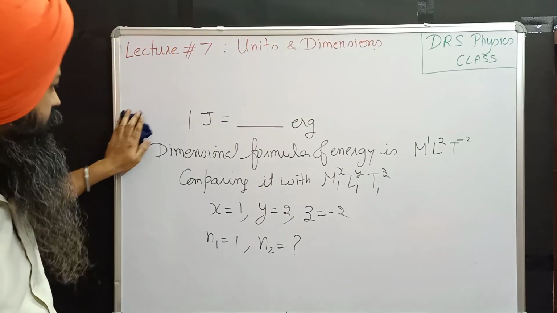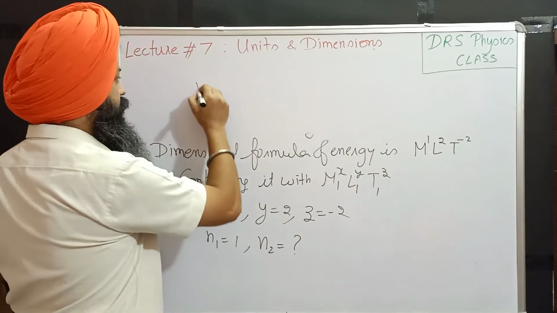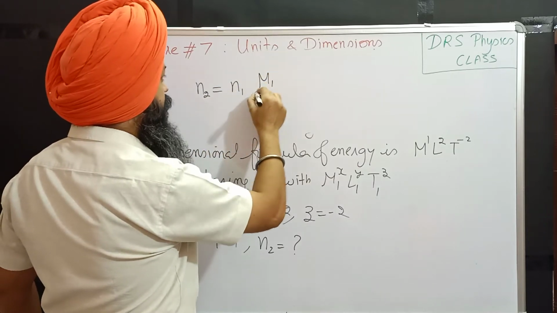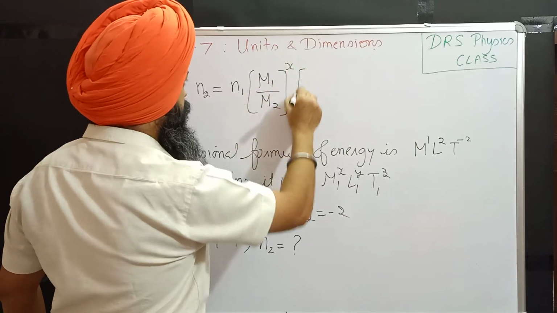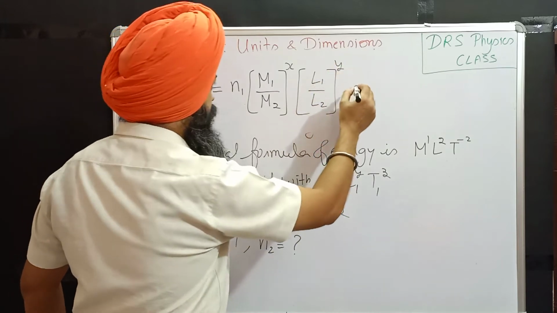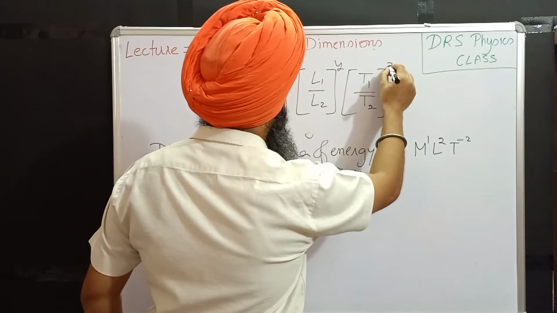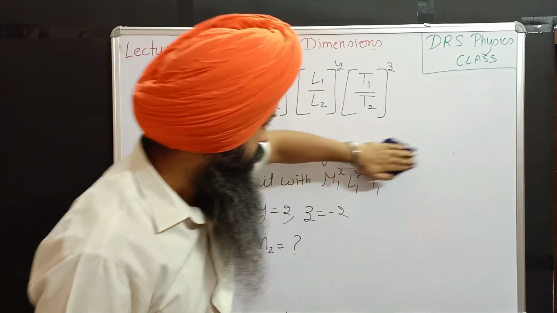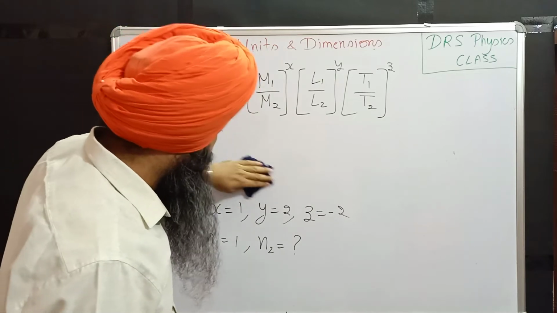Okay, we will try it. What is the formula? We know that while converting, we write N2 equals N1, M1 upon M2 whole power X, L1 upon L2 whole power Y, T1 upon T2 whole power Z. Filling these values, we can move a step further.